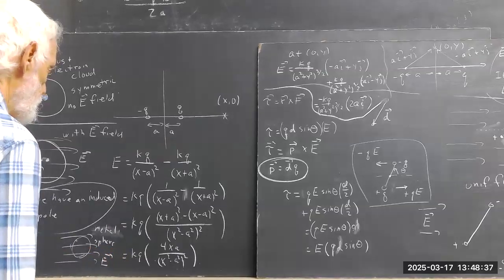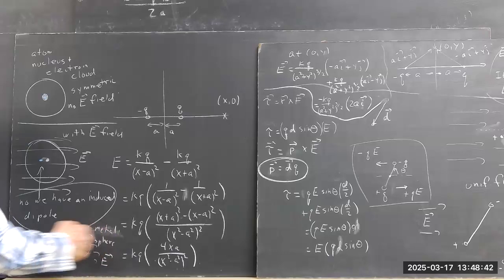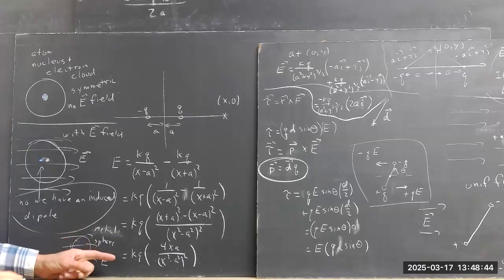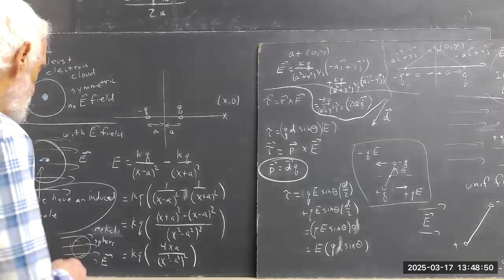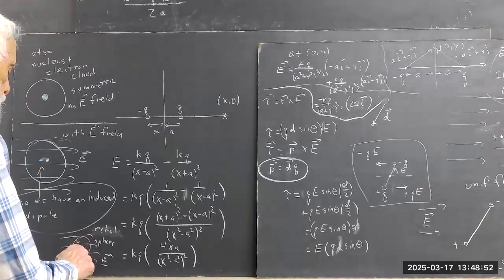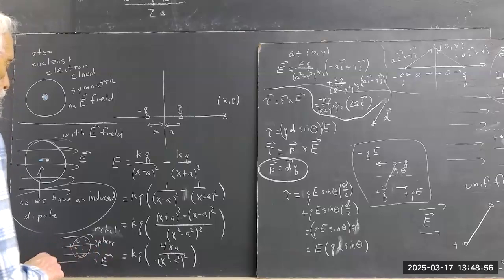That electric field tends to pull more electrons this way, so it tends to give you a little more charge on this end.